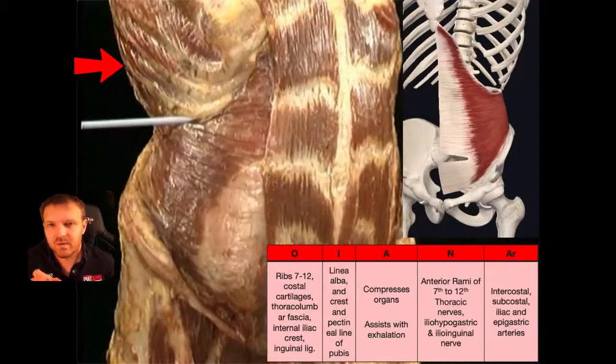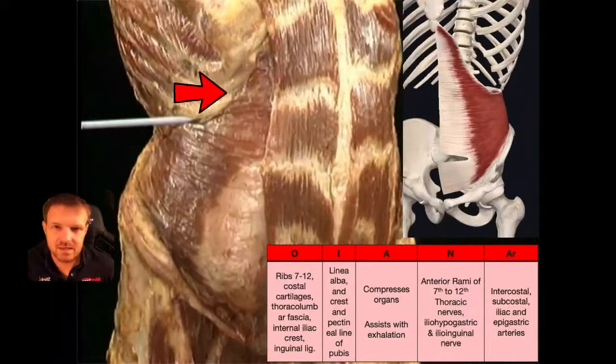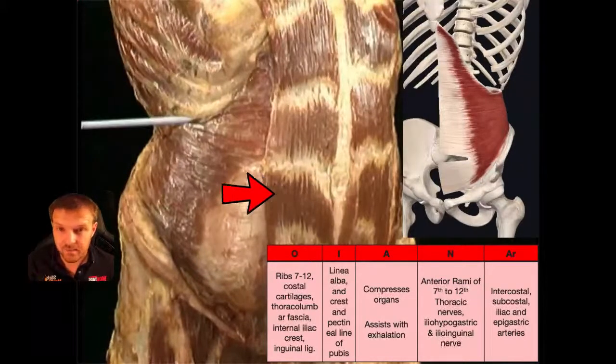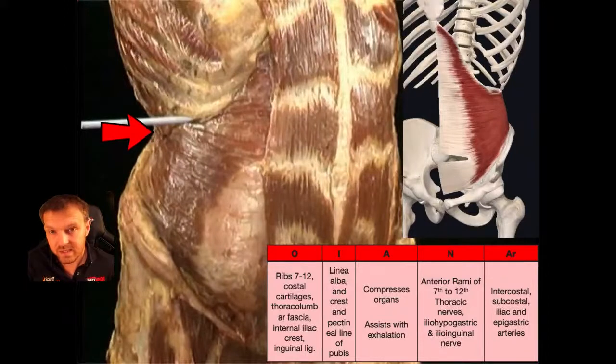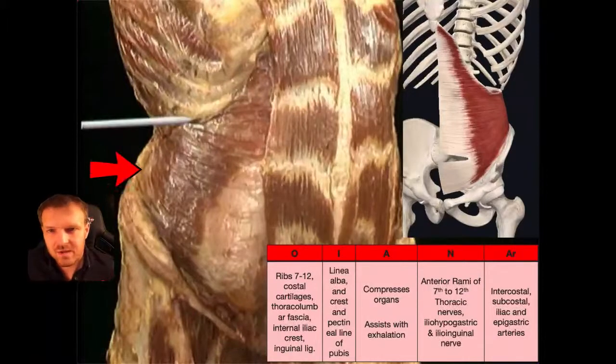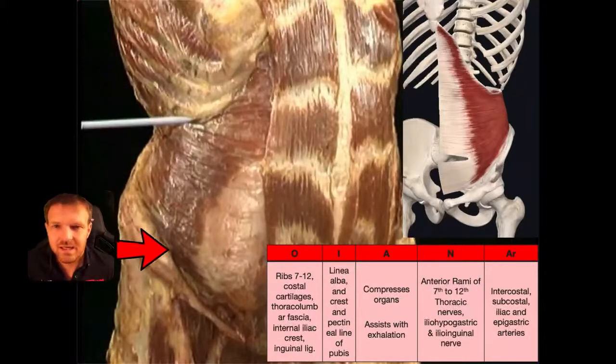These are the bones of the ribs, and then this is the cartilage. The thoracolumbar fascia, which we talked about ages ago when we looked at the sacrum, is around the side here. We'll have a look at that in a second. The internal iliac crest, so around this area here. Inside of the iliac crest, and then the inguinal ligament, which is down here.